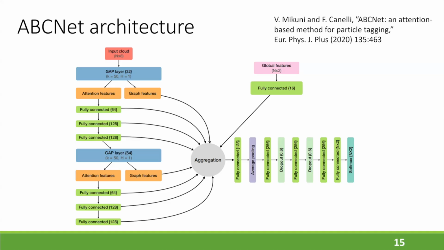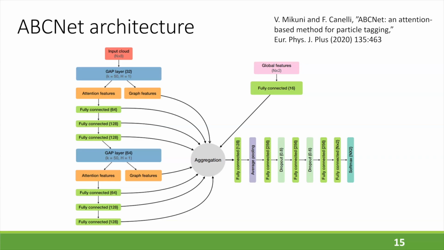Okay, and all these intermediate outputs from these layers are then aggregated together. This aggregation combines information from multiple levels of abstraction.